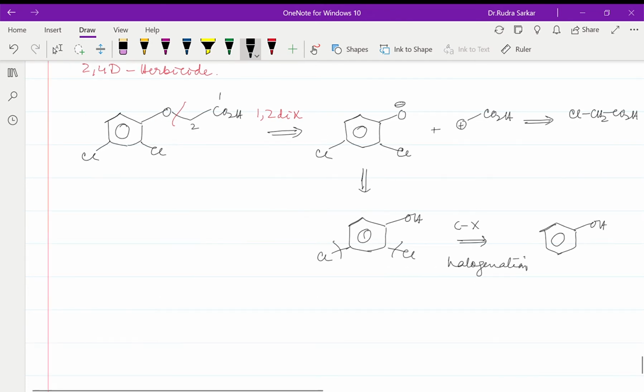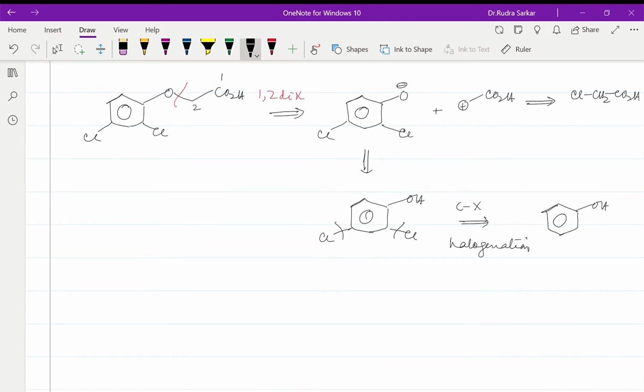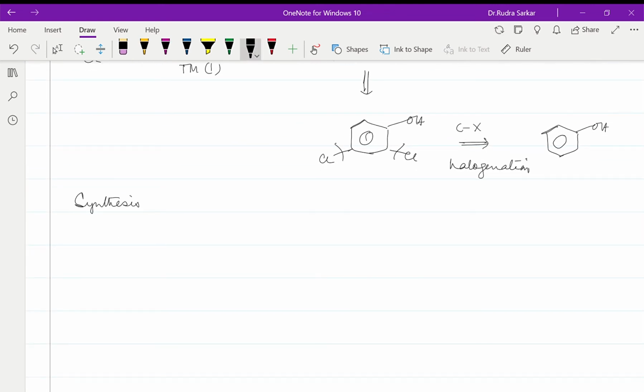So when we are considering the synthesis of the target material, say we are calling this 1 for this lecture. So we are synthesizing the target molecule 1. So we will say it is basically the phenol, which is a highly reactive system for electrophilic substitution reaction.